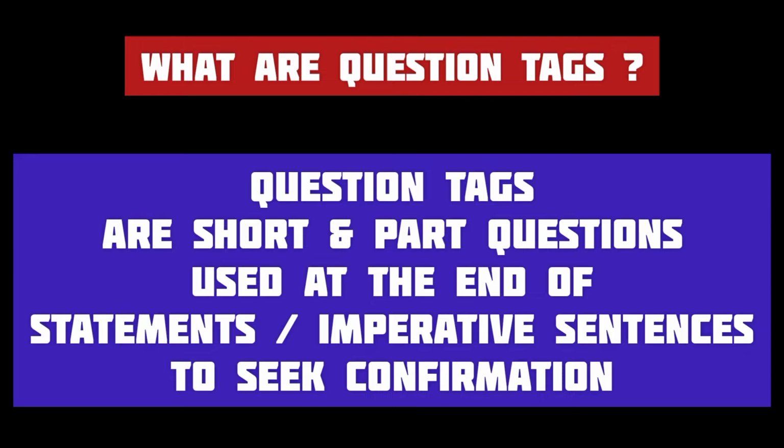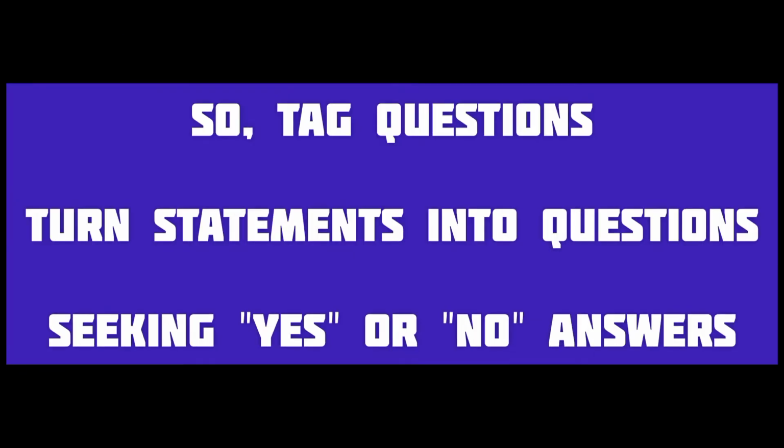So a speaker makes a statement and uses a question tag to confirm the truth of his statement. So a question tag seeks yes or no response. So we understand that question tags turn statements into questions seeking yes or no responses.